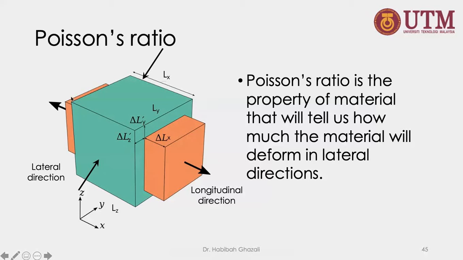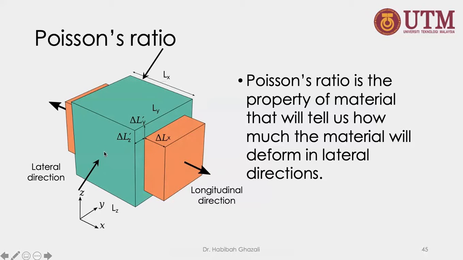For example, like this one. This is the longitudinal direction. What does it mean? It's the direction of the load given in the tensile test, or whatever the load direction. Longitudinal direction follows the direction of the load. In this case, it is the tensile direction.